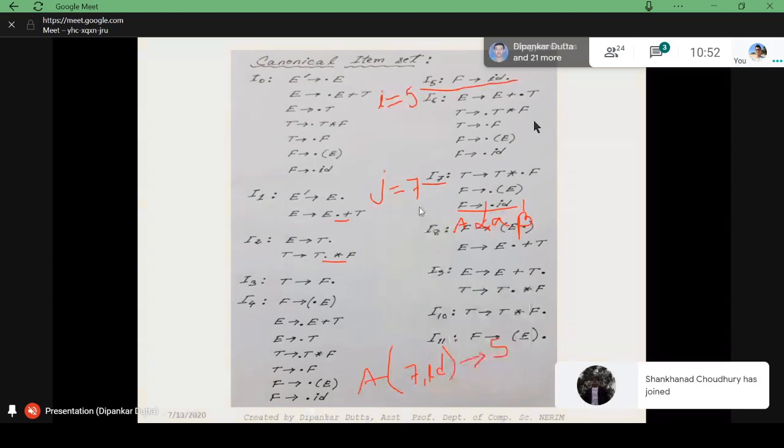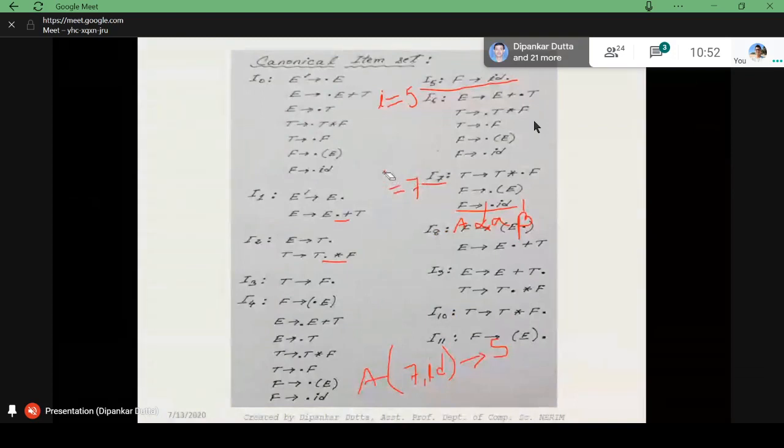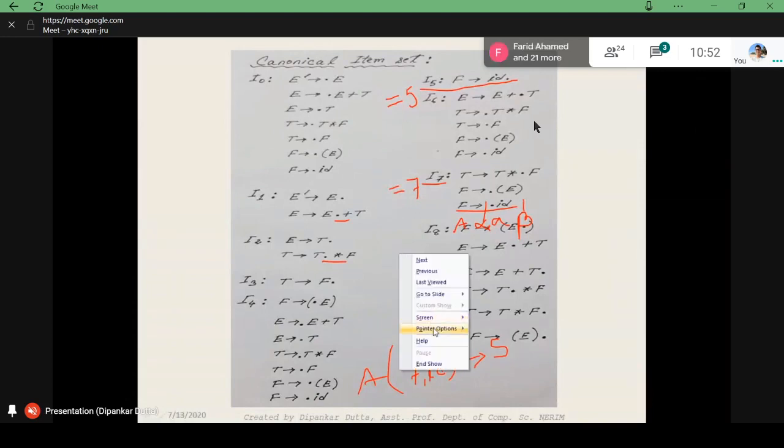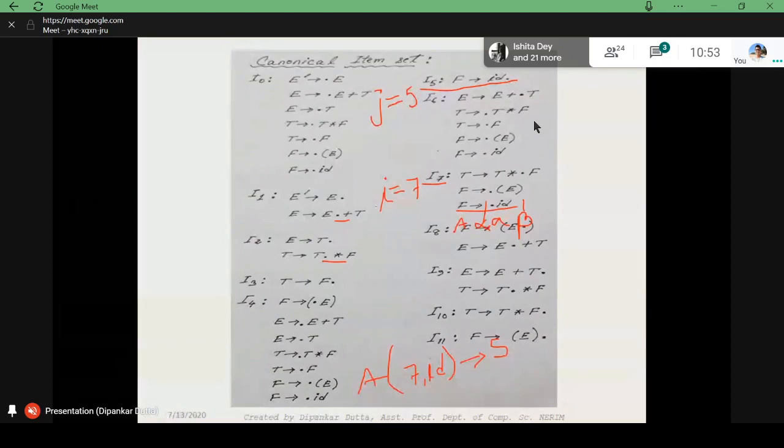It should be I and it should be J. Don't mix them up. This is the J, because this is the output, and this is the I. So I7 is the input, ID is the input symbol, and the output is S, J, where J is equal to 5. So this is the action: 7, ID, S5. Very simple. Nothing to worry about.